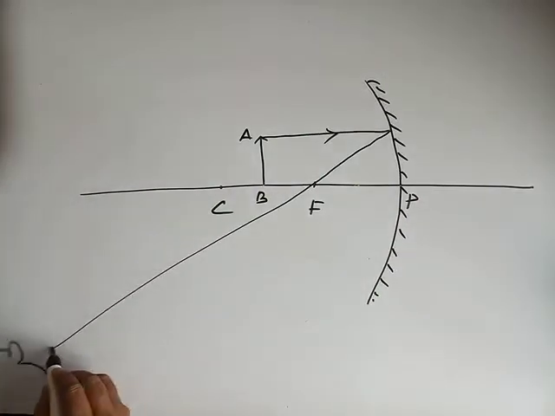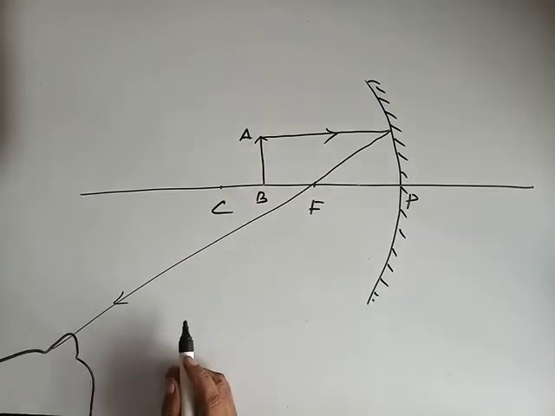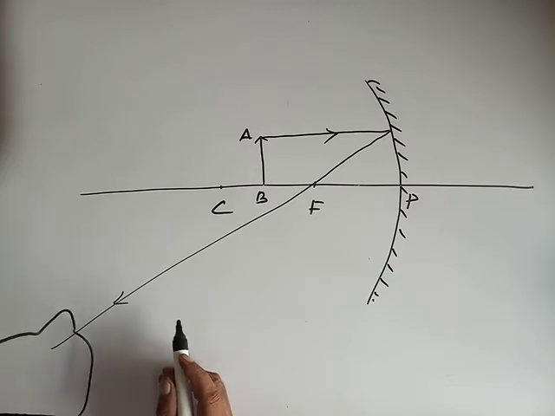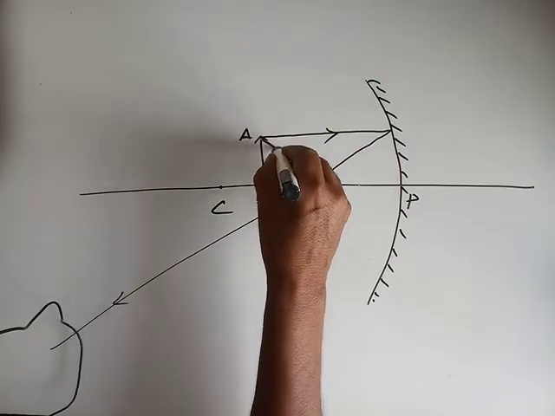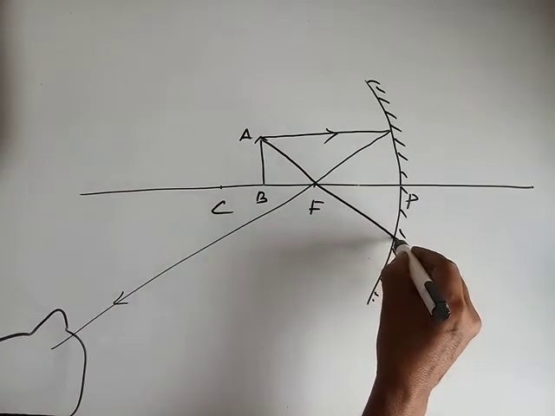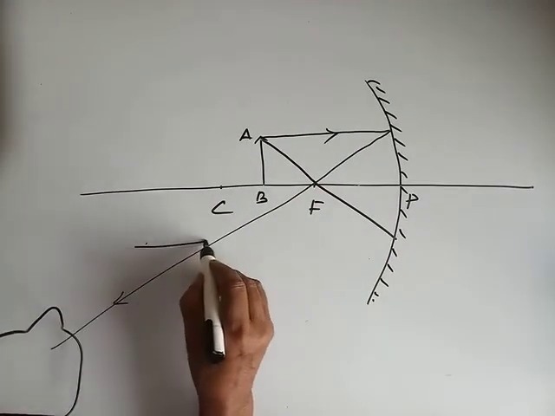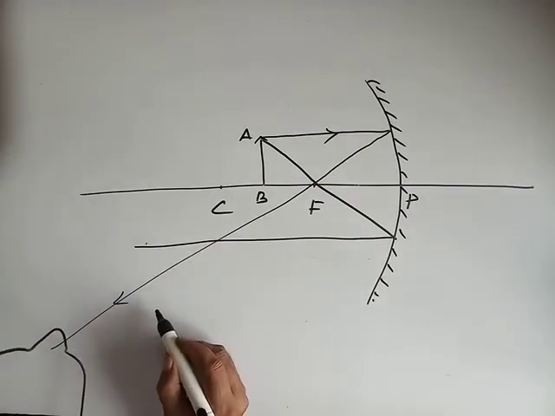Another ray passes through this focus, and it will move parallel to the principal axis, just like this.